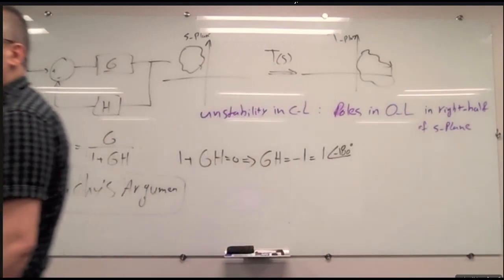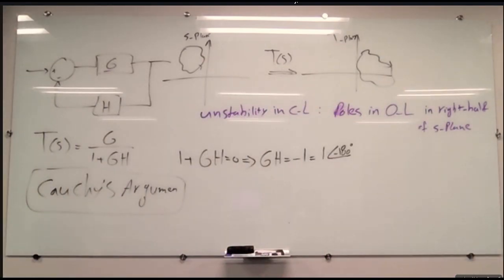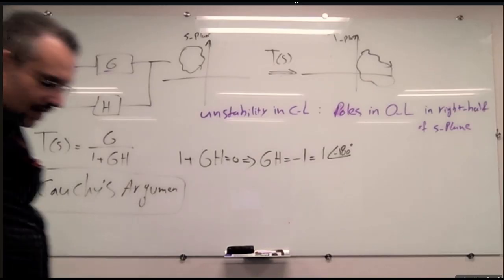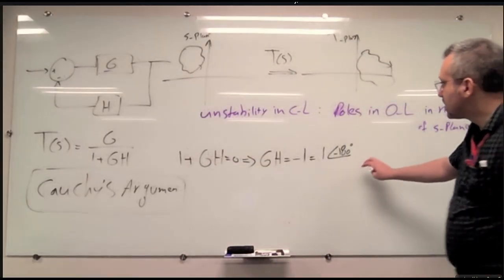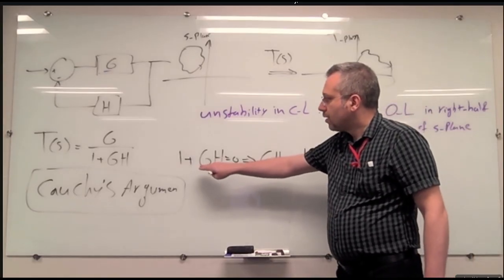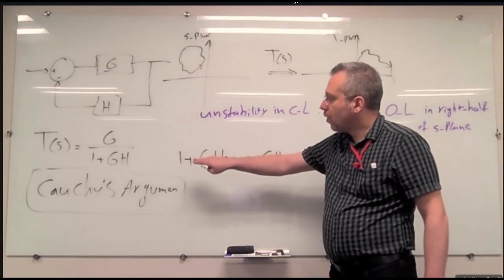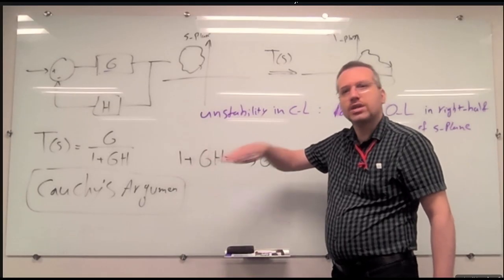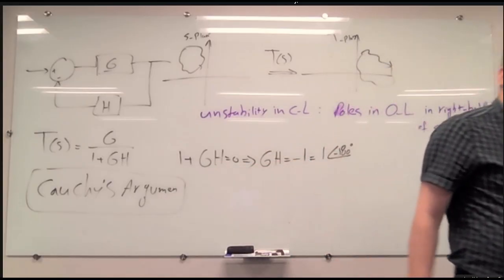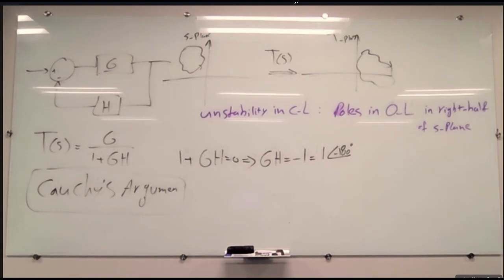So if we have any poles in the right half side, which basically means the pole has a positive real value in the complex number, we are going to have an unstable situation. Now, we said that the poles of the open loop, which is the poles of this G and basically the GH, would have the same poles.